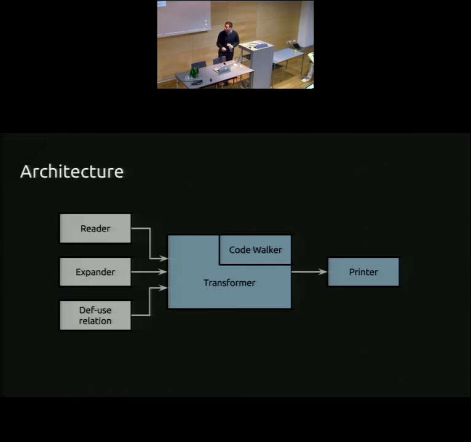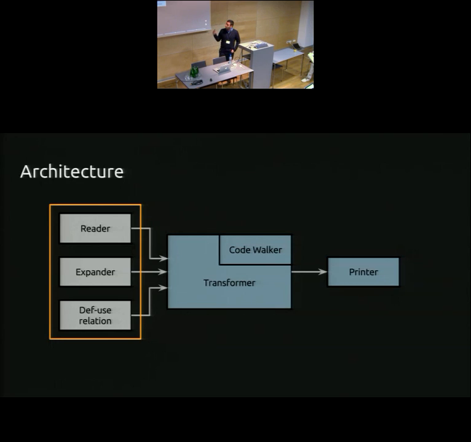So this is the architecture of our tool, and it can be seen as having three parts: the producers of information, the manipulators, and the printer. We use two sources of information, the abstract syntax tree and the def-use relation.